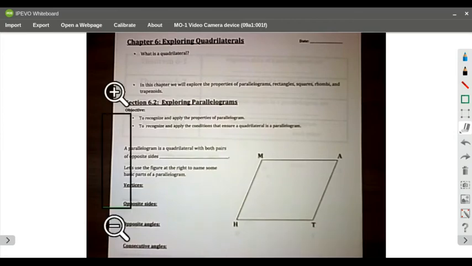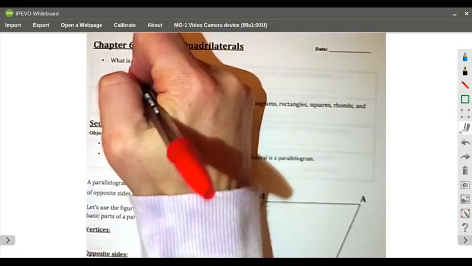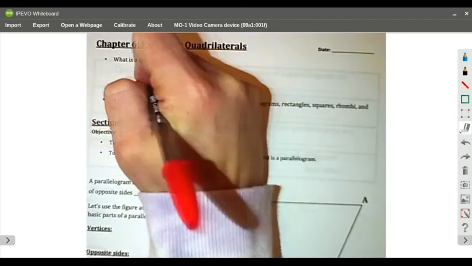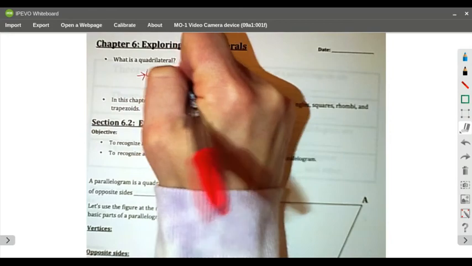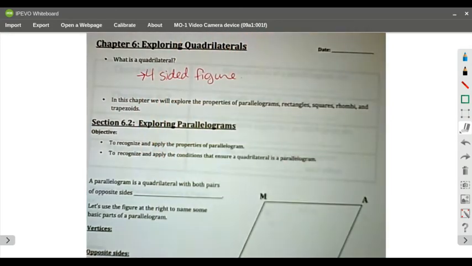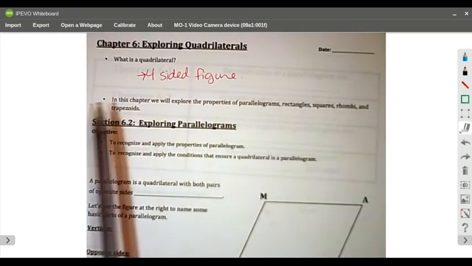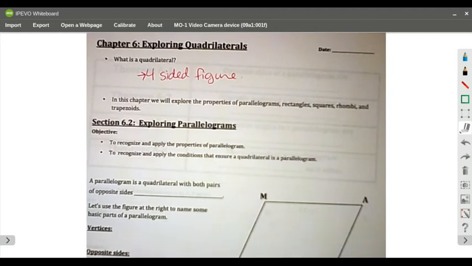So first up at the top, we can define what a quadrilateral is. I think most of you probably know it, but it's a four-sided figure. So that's what a quadrilateral is. And like I already said, we're going to talk about parallelograms, rectangles, squares, rhombi, and trapezoids. There's not really too much to this unit.